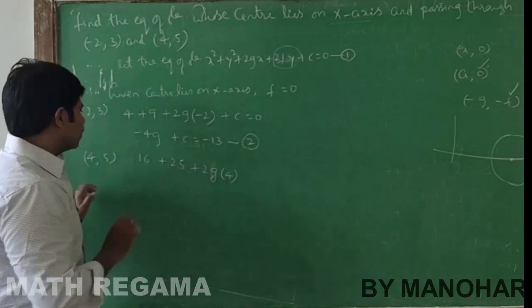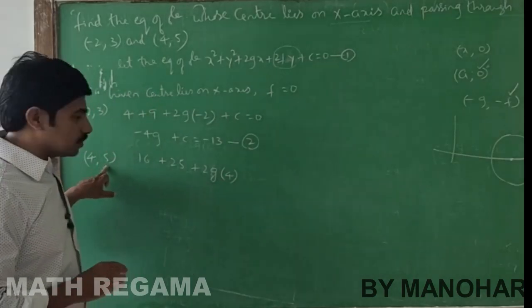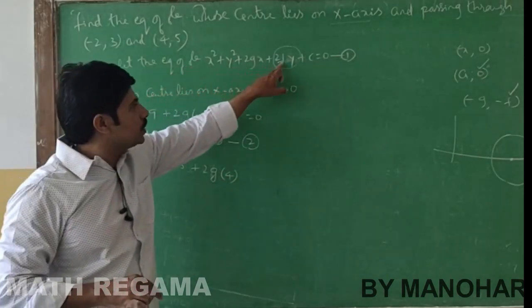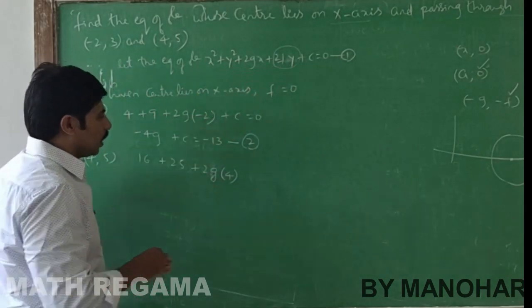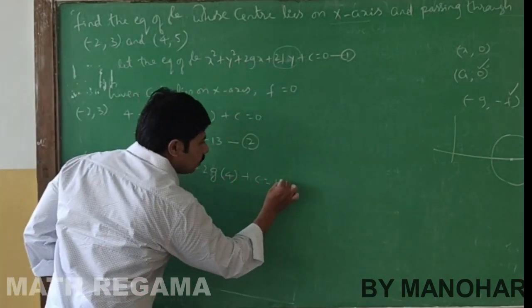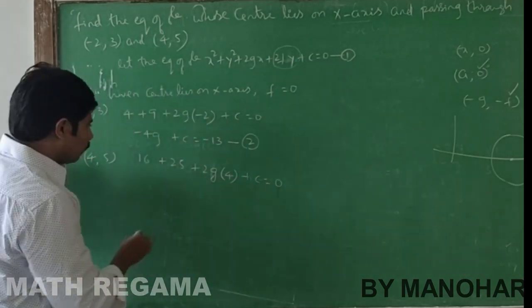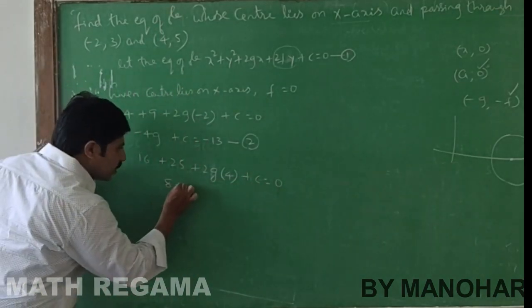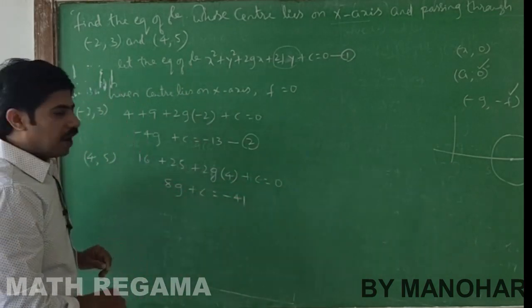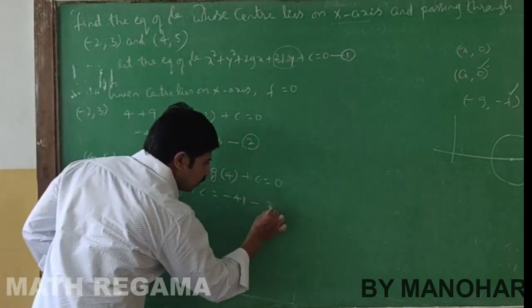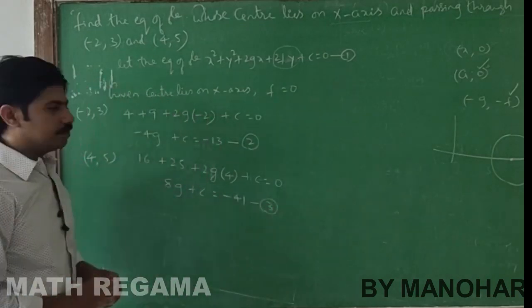The y value is 5, but I am not substituting in 2fy because f value is 0. Eliminate that one and write plus c is equal to 0. So we get 8g plus c is equal to minus 41. This is equation number 3.